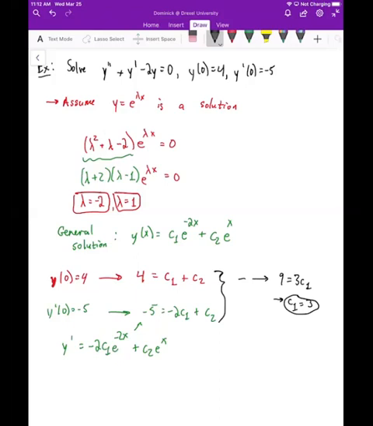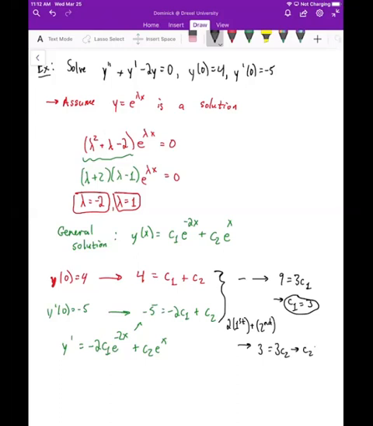And if we do 2 times the first one and add it to the second, then that's going to give us what? We'll have an 8 plus a -5, so that's a 3. And then our C1s will cancel. And then we'll get 2C2 plus C2, so we get a 3C2.